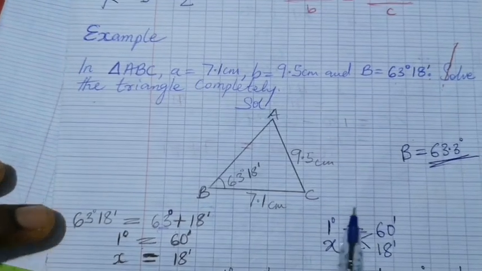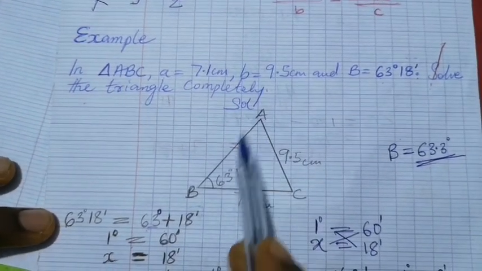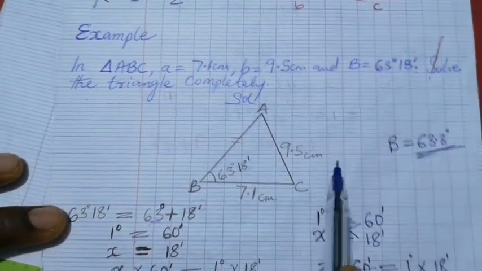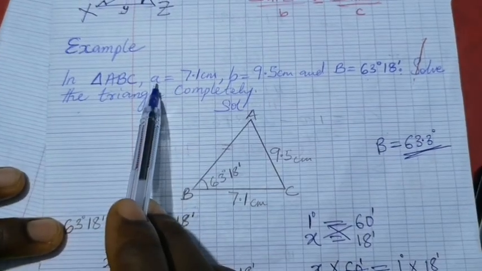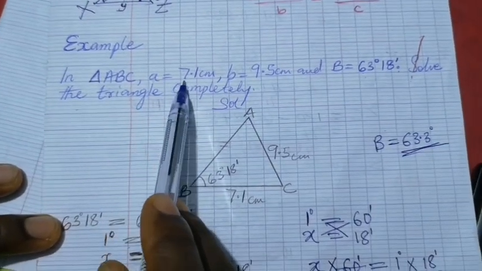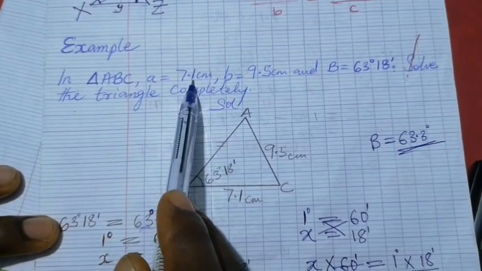Okay, so let's now come to this triangle. Now remember that we have side A is 7.1 cm.